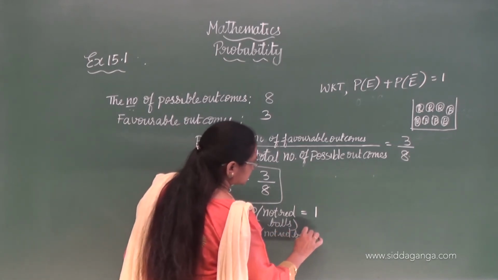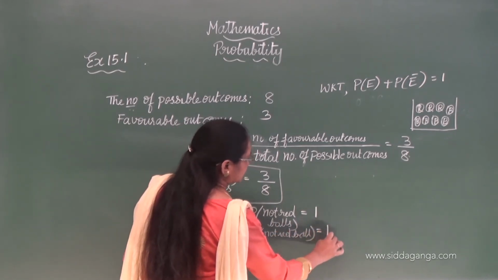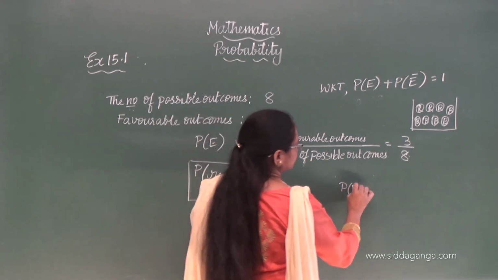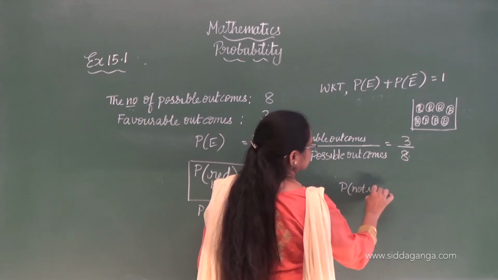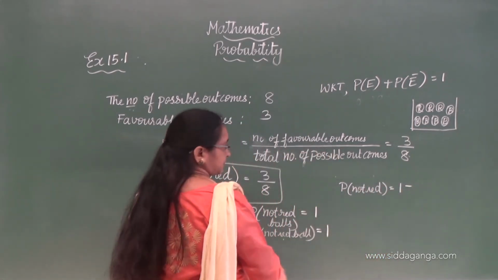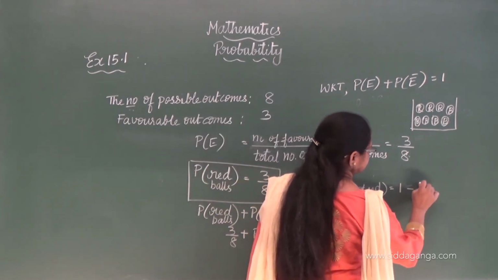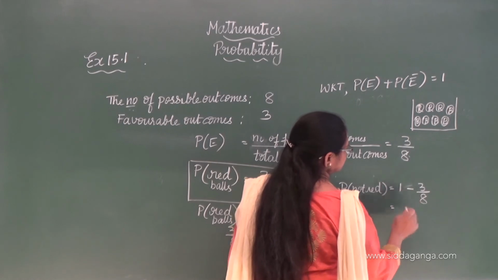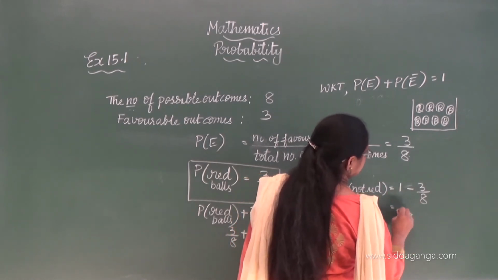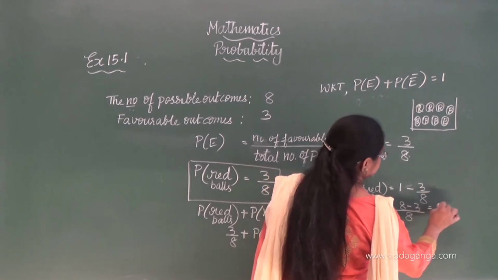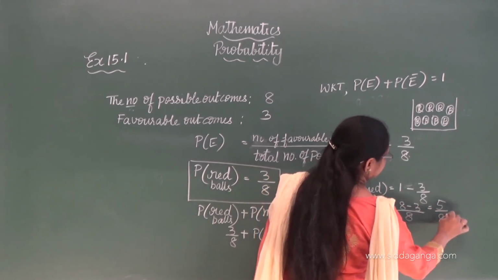You can use this also, or directly you can find out. So P of not red is equal to 1 minus 3 by 8. So 8 is LCM. What is the answer? 5 by 8.